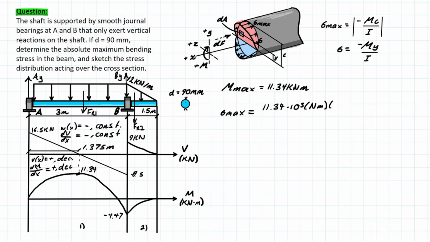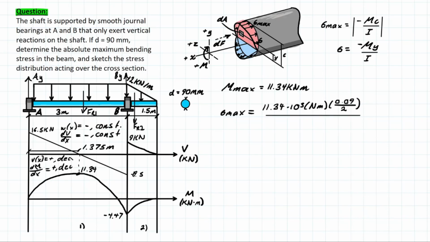We're going to the furthest fiber on the tensile or compressive side, so either the top or the bottom. And that is going to be half of that diameter. So we're going to be taking 0.09 to make sure that we are considering meters, and we're going to be dividing it by 2.